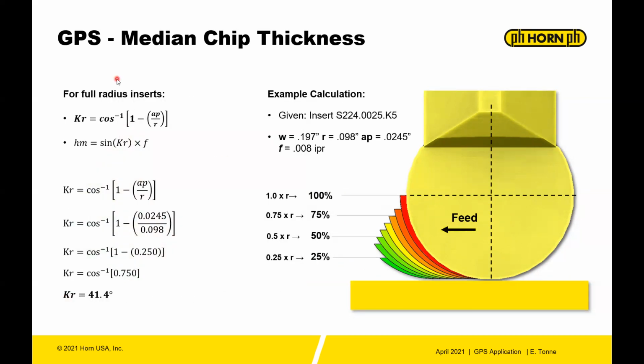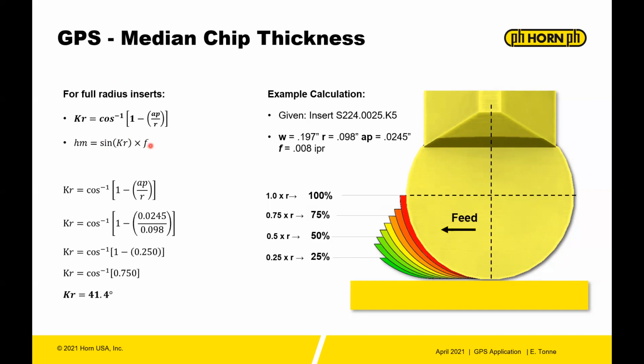If you want to calculate what that is, there's a simple formula that's used throughout the machining industry for chip thickness. You have hm is equal to the sine of your kappa R times your feed. So your median chip thickness is equal to the sine of KR times your feed.